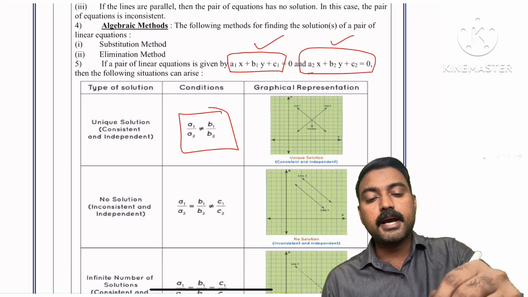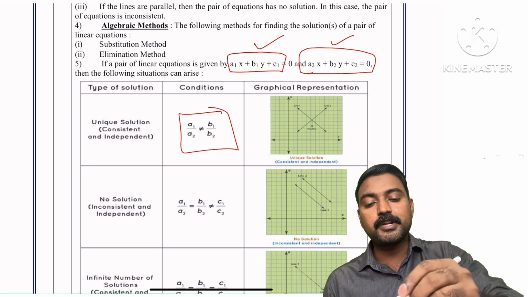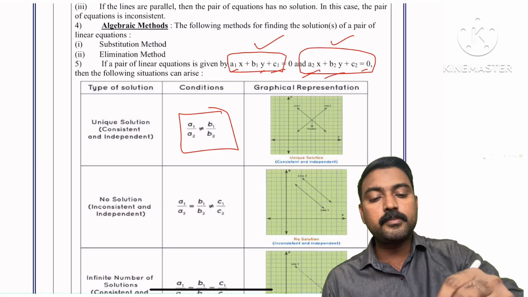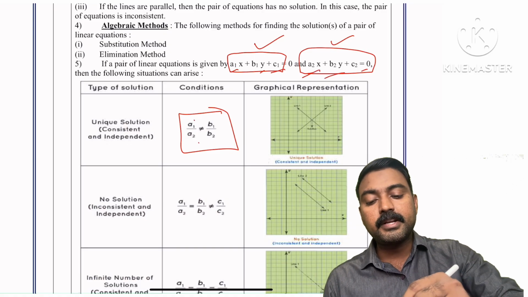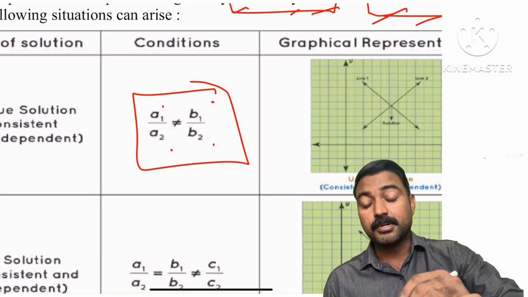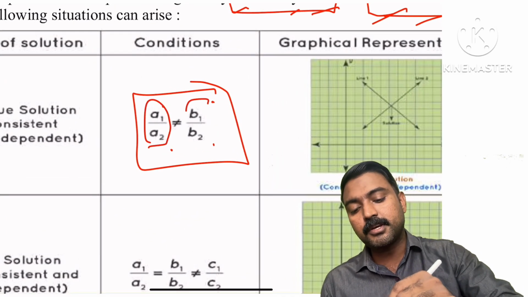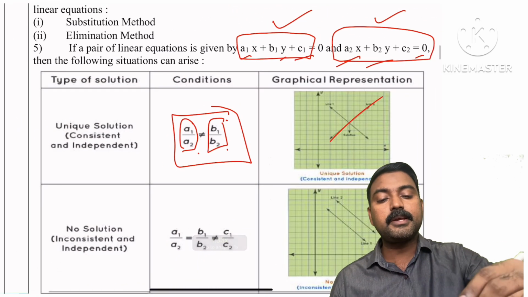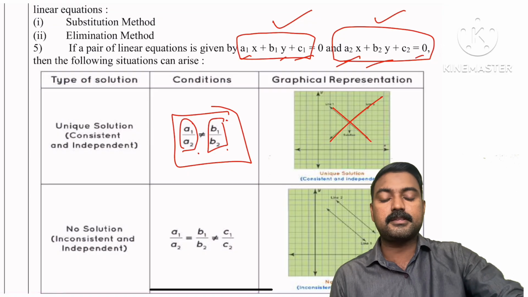This is the standard form of a pair of linear equations in two variables. Here the coefficient of x is a1, the coefficient of y is b1, and the constant is c1. Similarly here it is a2, b2, c2. Now the relationship: when a1 by a2 is not equal to b1 by b2, both answers totally different, then the graph will be intersecting lines, like this.